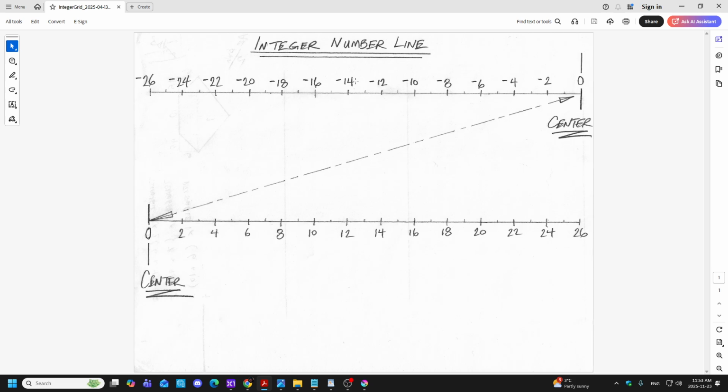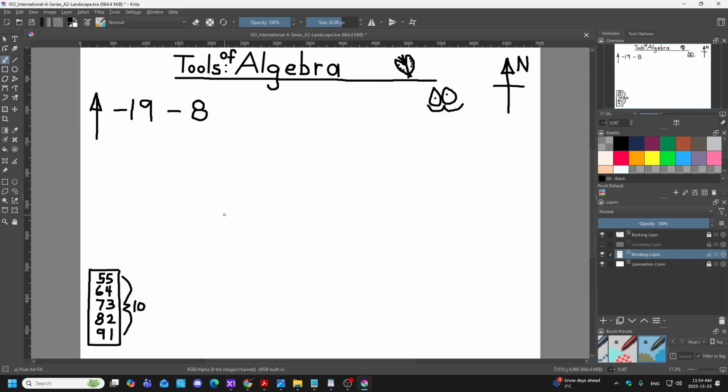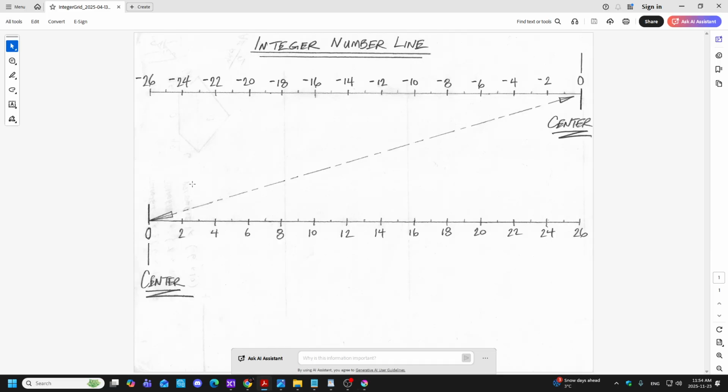I'm going to go outside here, but let's count the jumps. 1, negative 1, 2, 3, 4, 5, 6, 7, 8, 9, 10, 11, 12, 13, 14, 15, 16, 17, 18. We're going to end up at negative 27. I kind of ran out of room there, but you guys and gals, you understand, right?